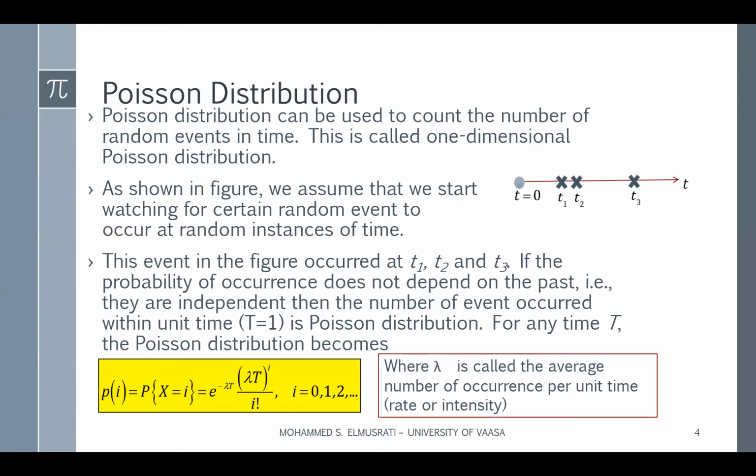So the Poisson distribution is memoryless. As long as something is still working, the future does not depend on the history or the past. So you need to remember this fact about the Poisson distribution. Now assume that you are looking for something that might happen randomly in time.